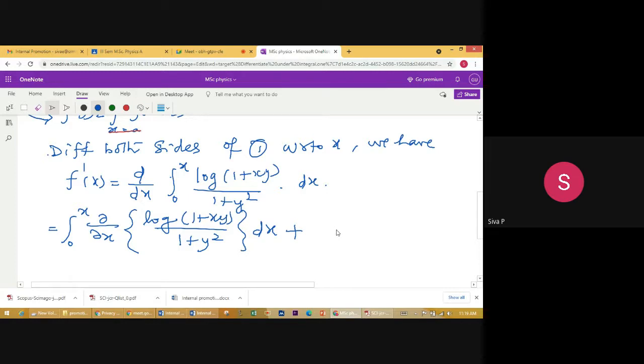Plus f of x comma b of x. How to find f of x comma b of x? What is meant by b of x?